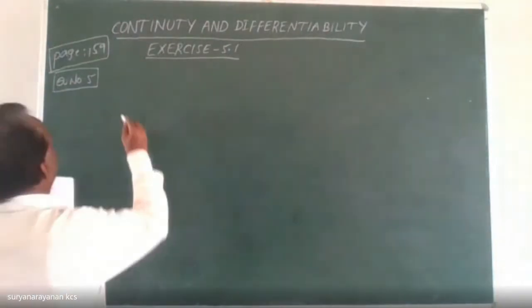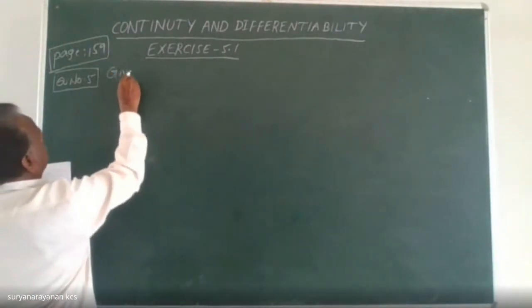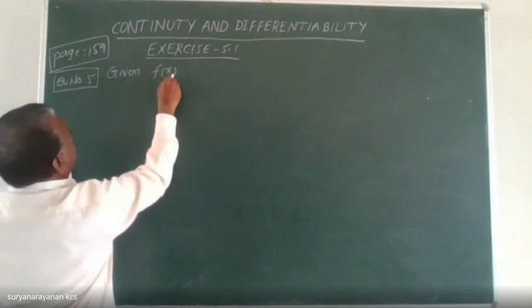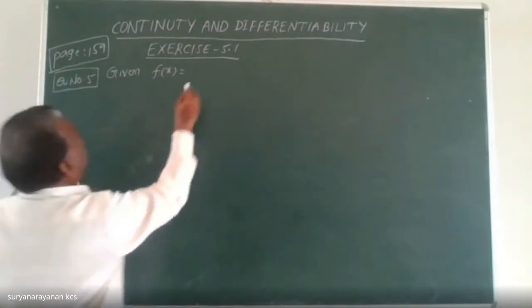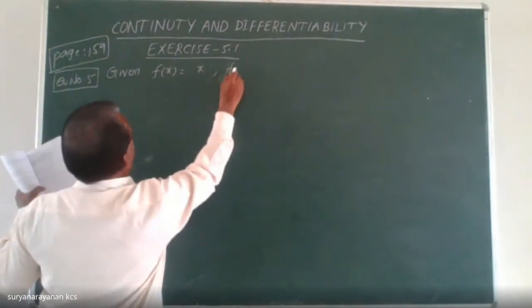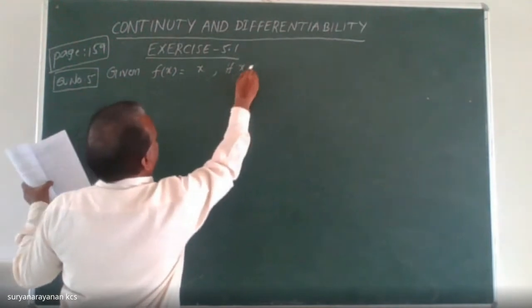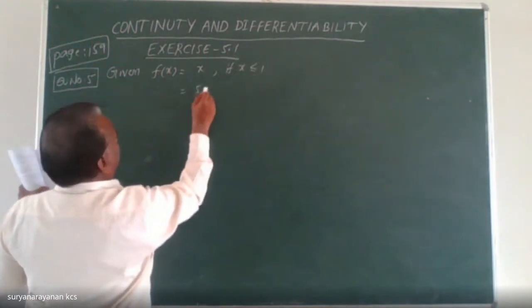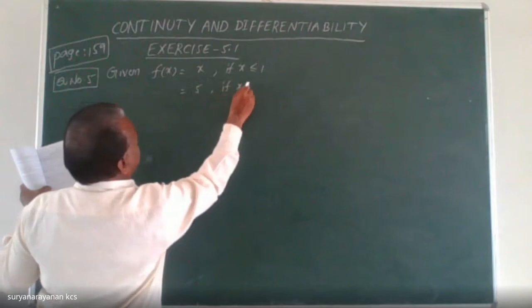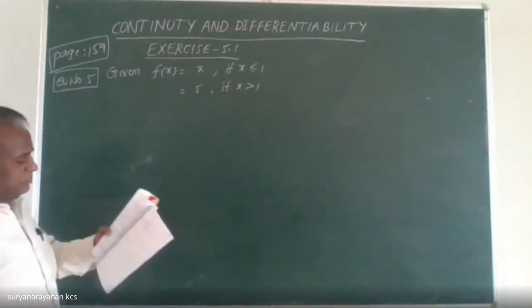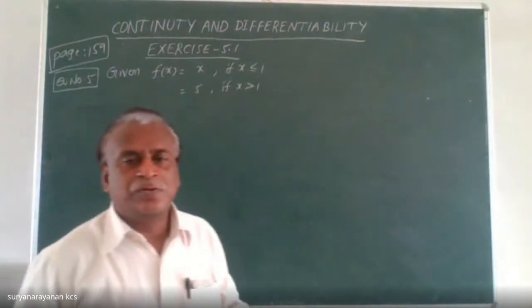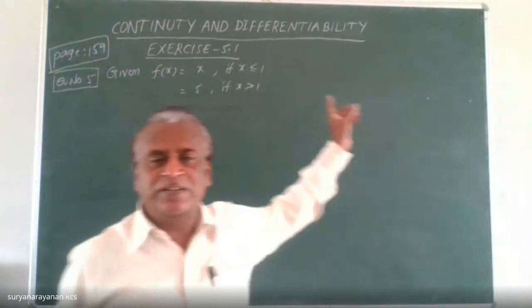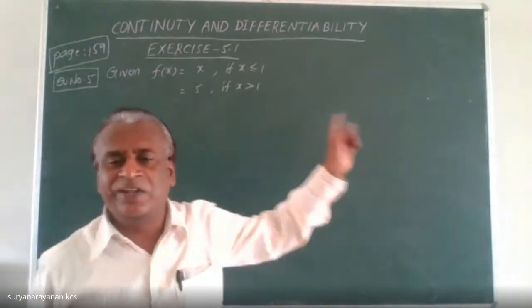Now let us write the given function. Given f of x is equal to x if x is less than or equal to 1, f of x is equal to 5 if x is greater than 1. Now let us represent this function on the number line.